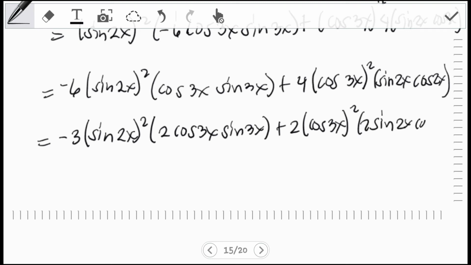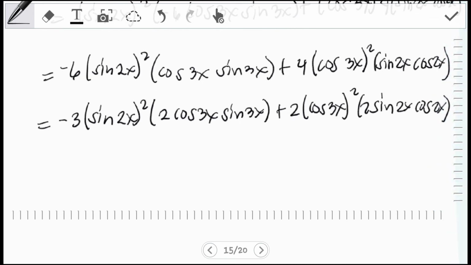Okay? So we apply the trigonometric identity, which is sine 2a is equivalent to 2 sine a and then cosine a.